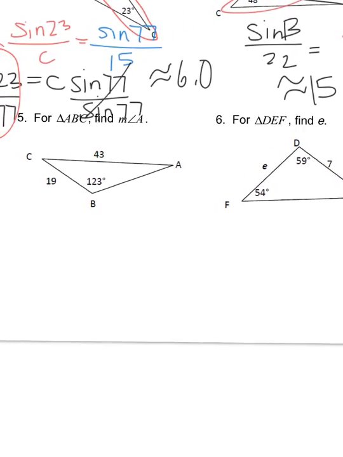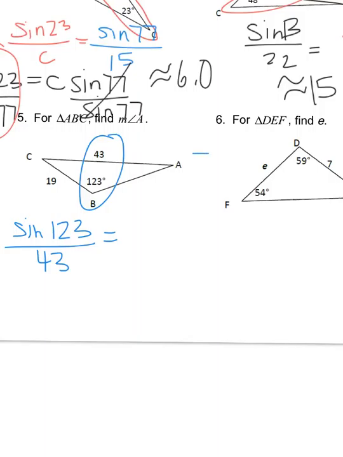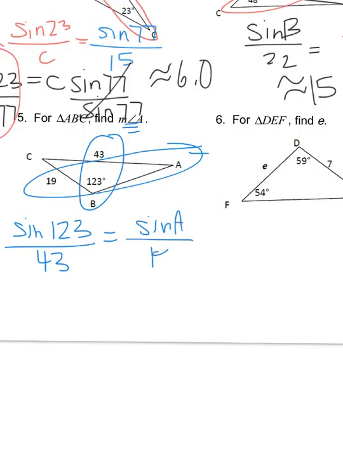And then down here, law of sines, you're going to want to set up your cross multiplying problem. So 123 matches up with 43, so it's sine of 123 is to side 43 as, and they're trying to find A, so A matches up with 19. So sine of the angle A is to 19.